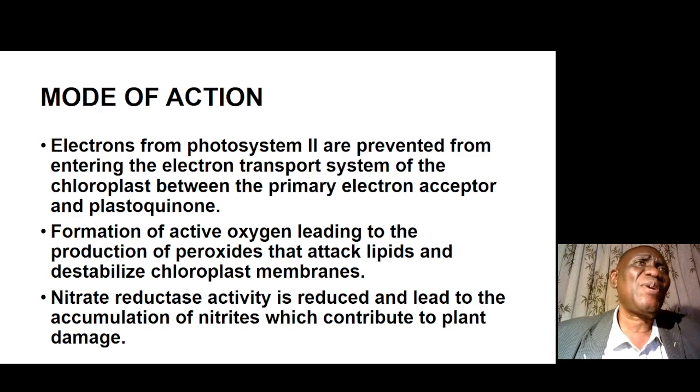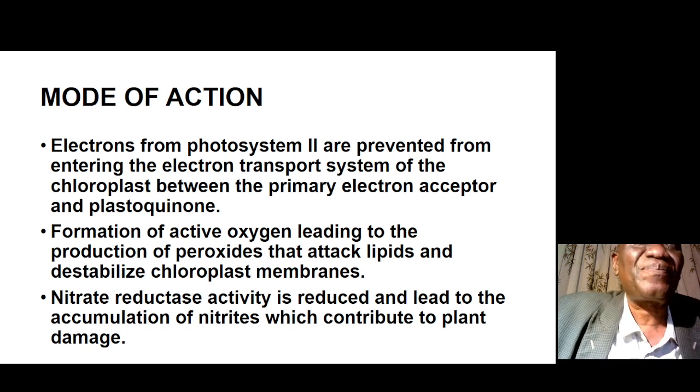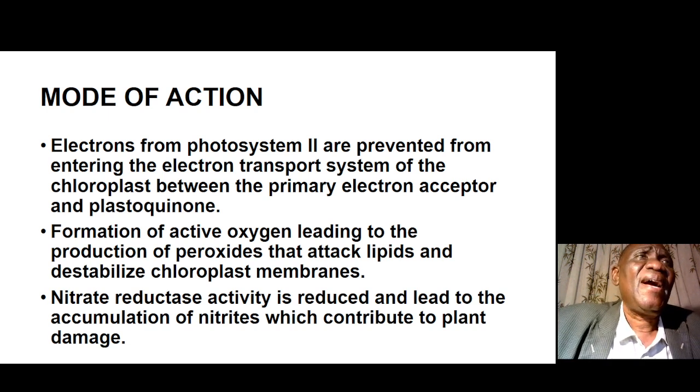There are 2 points where things can start to go wrong. It's between the primary electron acceptor and an electron acceptor known as plastoquinone. The atrazine will block the movement of electrons at that point.